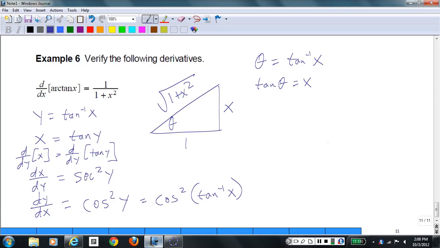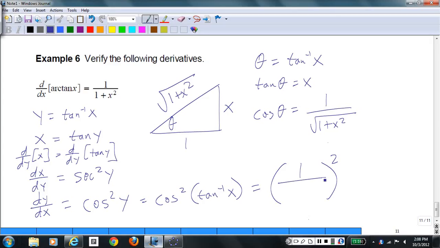So what is the cosine of theta? Yes. 1 over the square root of 1 plus x squared. So 1 over the square root of 1 plus x squared. So it's 1 over 1 plus x squared. There we go.